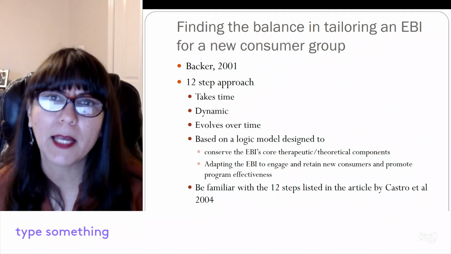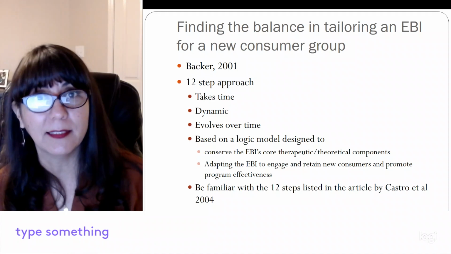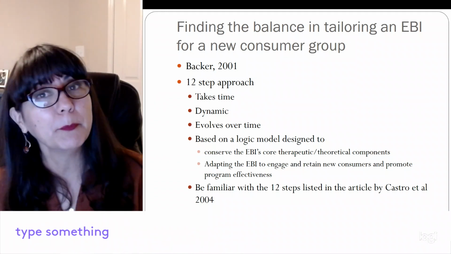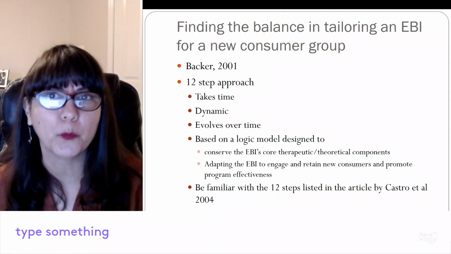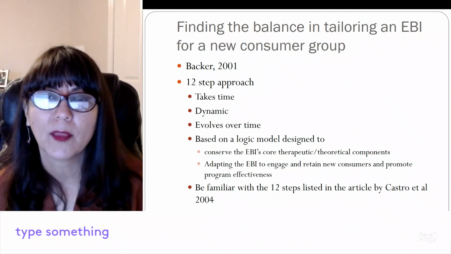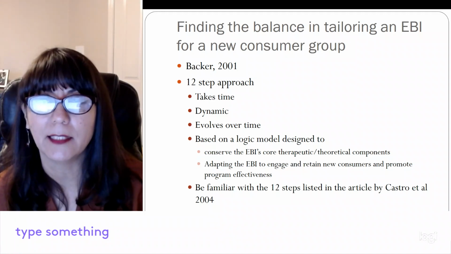And so that's why we have pilot studies when we're first testing out these interventions with a new consumer group. We often ask for feedback from participants in the pilot study to say, what worked for you, what didn't work for you. And you saw that in the article that was trying to promote weight loss in Native Americans, right?